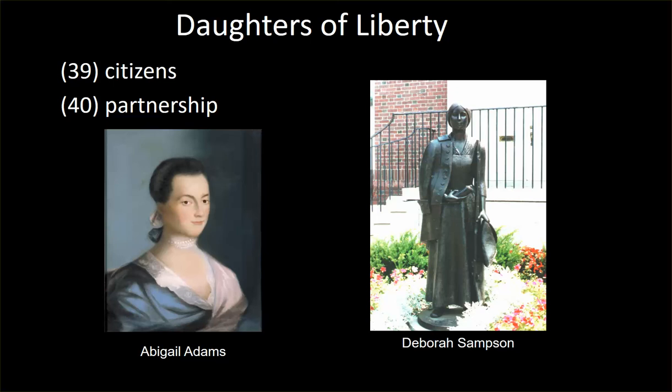Education for girls was still pretty limited, but she taught herself by reading her father's books. And during the Revolution, John was away in Philadelphia with the Continental Congress, and then he went to Europe as a diplomat. And so she was in charge of running the family farm and keeping John informed of events. And she gave him her unvarnished opinion on everything that was happening.